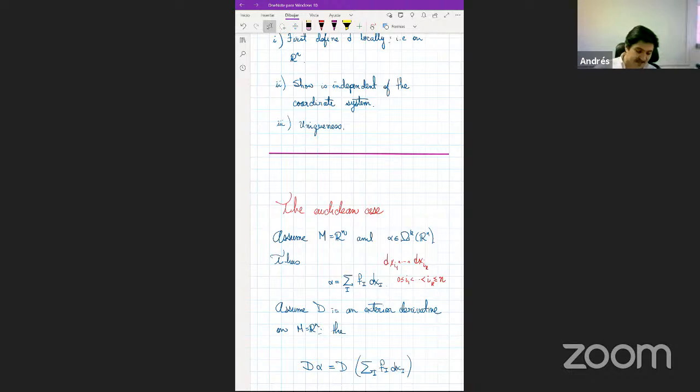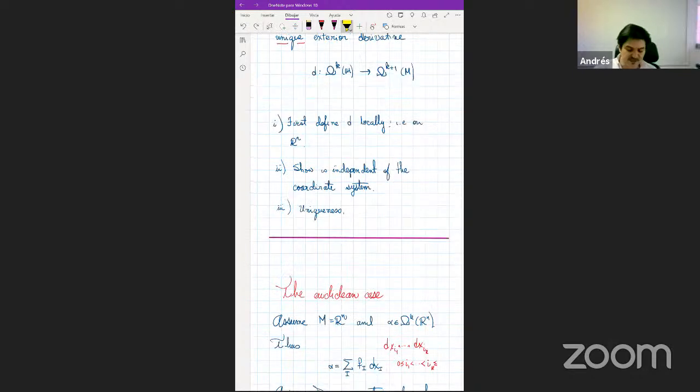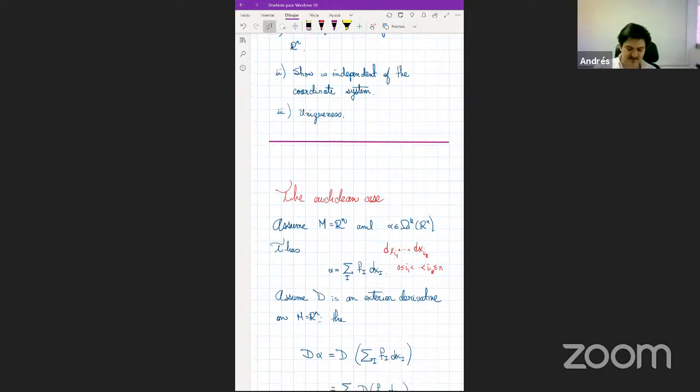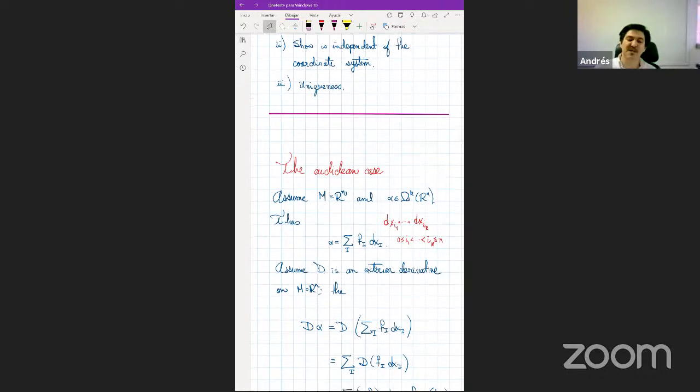So, okay, we replace alpha by this notation. We have it here. And then we use the fact that d is linear. So the sum goes out and I have d inside.